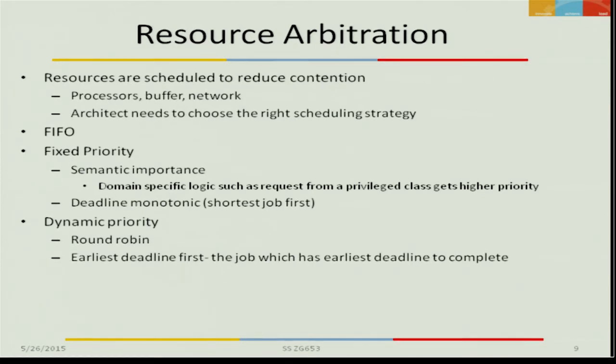If you think about CPU being a resource, then CPU can be given first to job 1, then to job 2, then to job 3, and so on, and when job n gets the CPU, then again it's given to job 1.